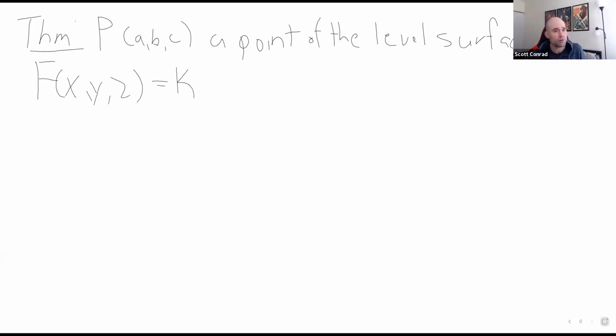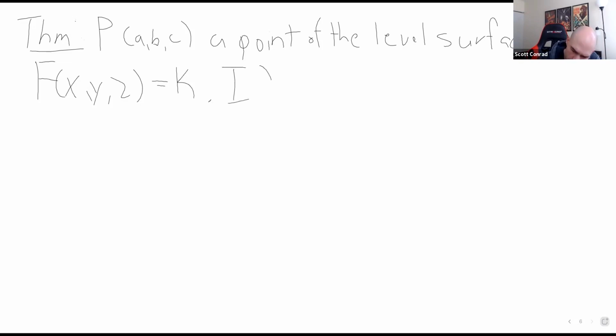So remember, for a function of two variables, we have level curves, right? You have f of x, y equals a constant. For functions of three variables, we have level surfaces, right? The set of all points where our function is the same value is going to give us a surface in R3. So we have a point on a level surface of a function.